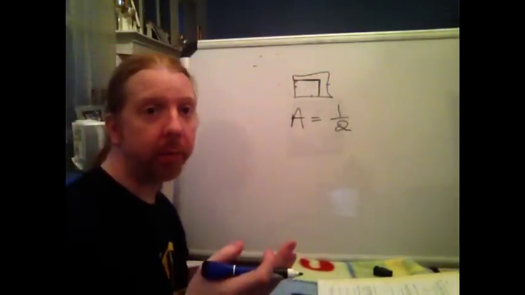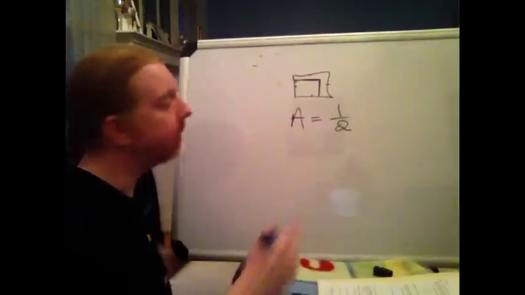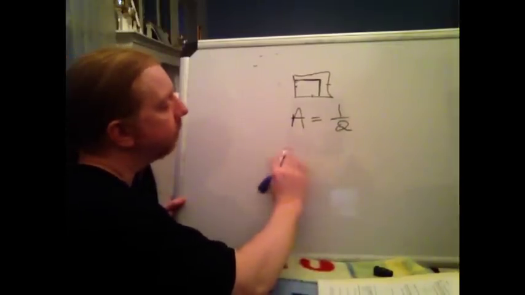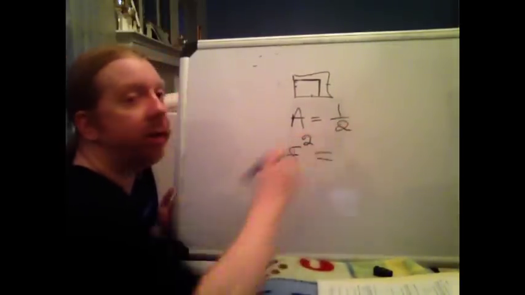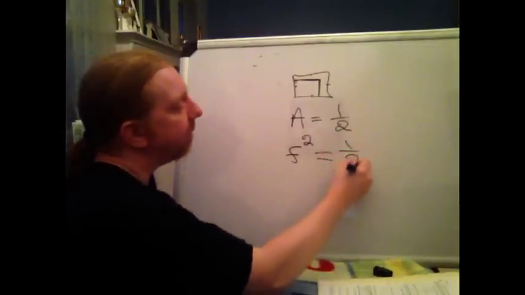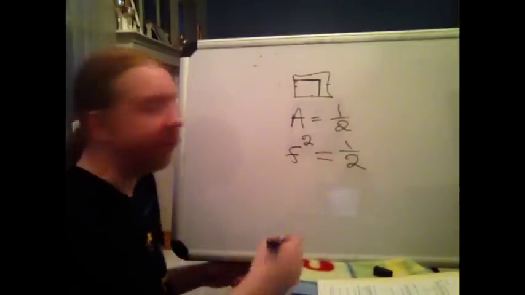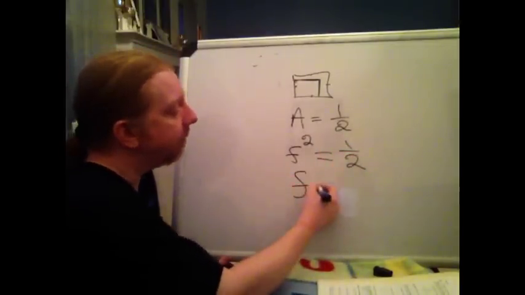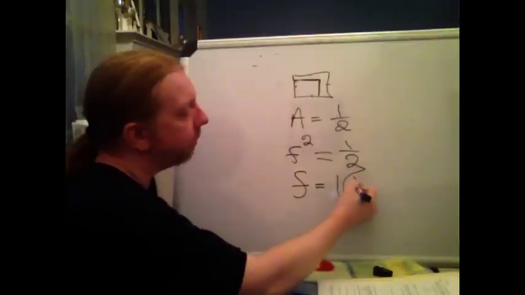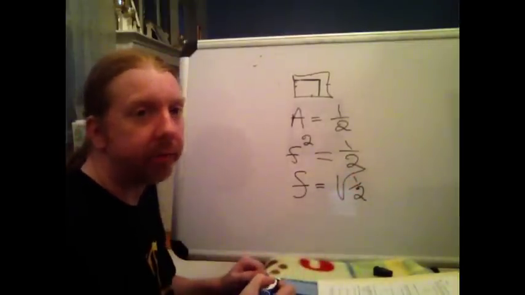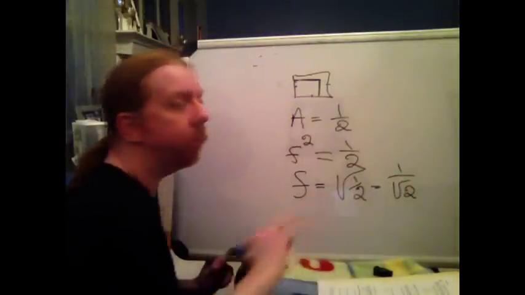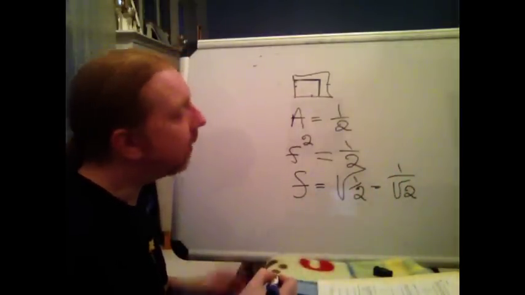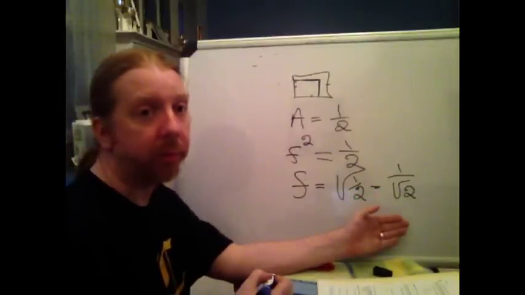So how do I get around this? Again, I apply this idea. Some factor, we'll call it f, squared had to yield a modification of 1/2. So let's solve for what that factor was. That factor must be the square root of 1/2, or 1 over the square root of 2. Now, there are various ways I can deal with this number from here on out.